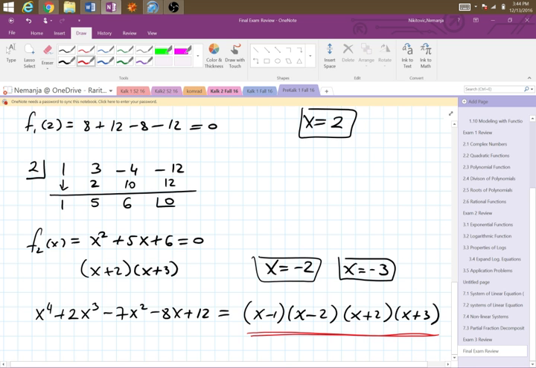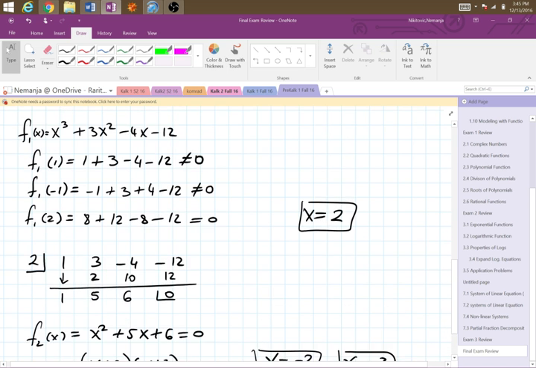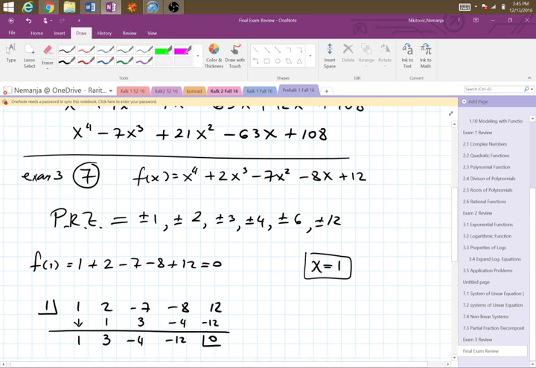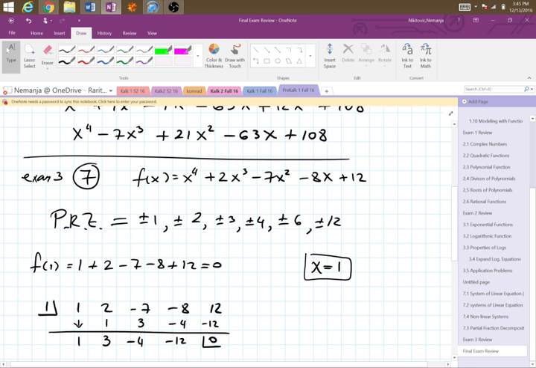Descartes' rule of signs is a rule that can help you determine the number of either positive roots or negative roots. And it's useful in a situation when you have very few sign changes. In our problem, we had only 2 sign changes.